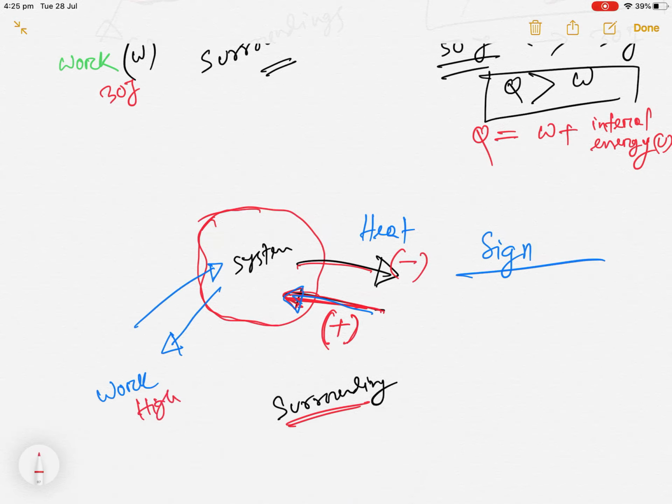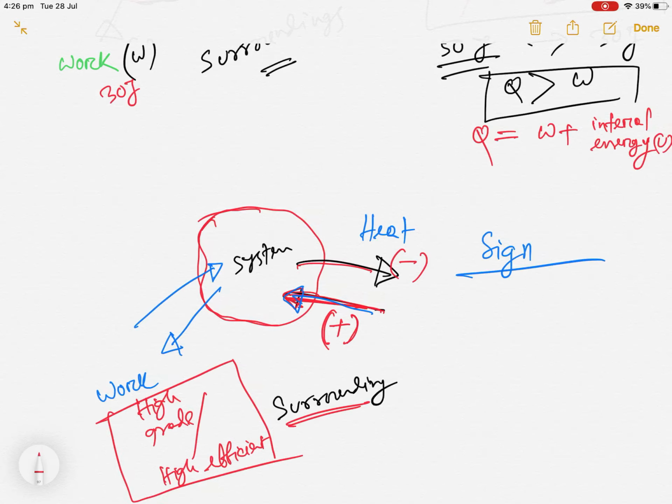Work, we can say it is high grade or highly efficient energy. That means work, W, can be transferred 100% into heat. So W equals Q. If we supply some work to the system, it can convert 100% of the work into heat. That's why it's highly efficient, high grade energy compared to heat.